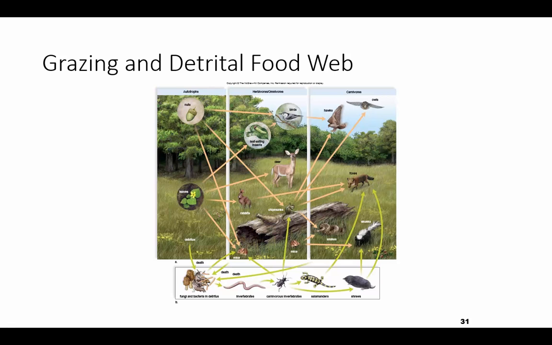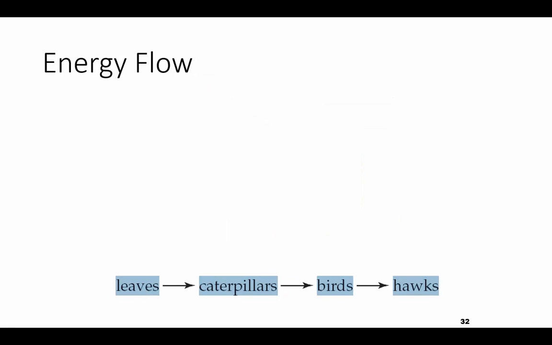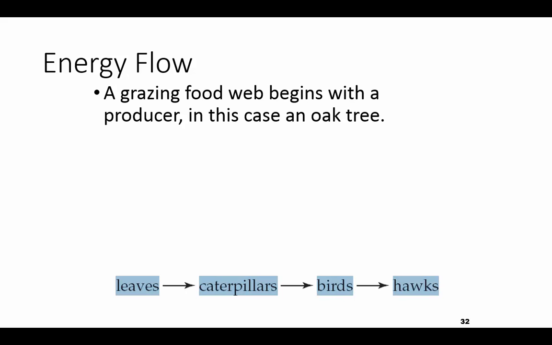So those would be the second level consumers. So you see, all the food chains are interconnected, and it's showing all of the feeding relationships in that ecosystem.